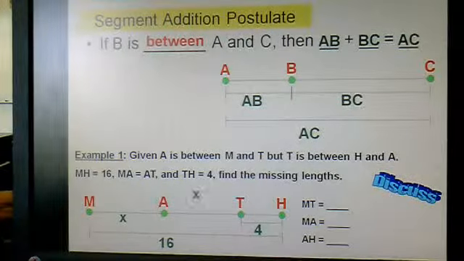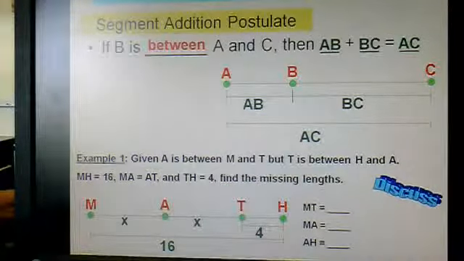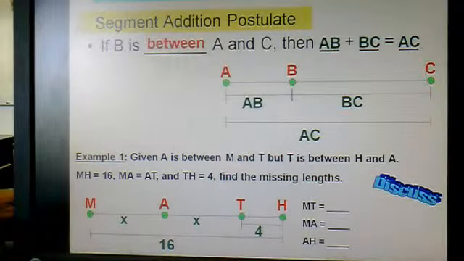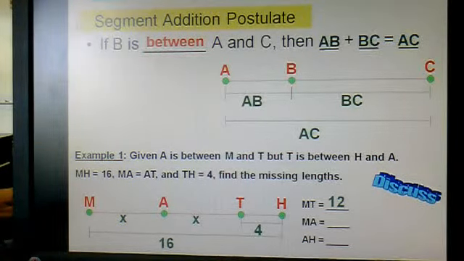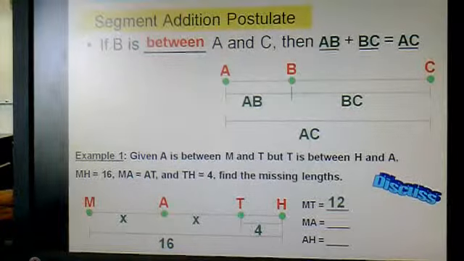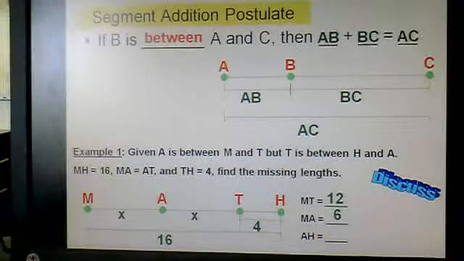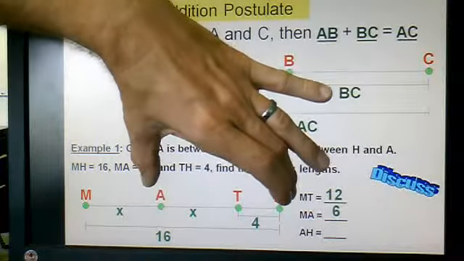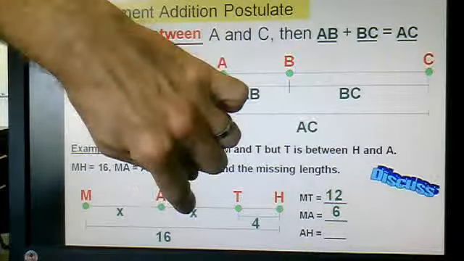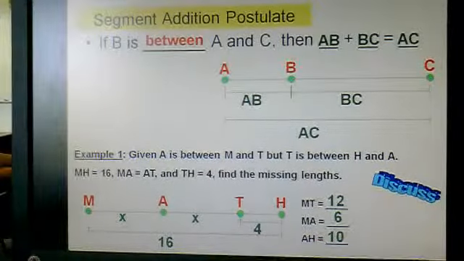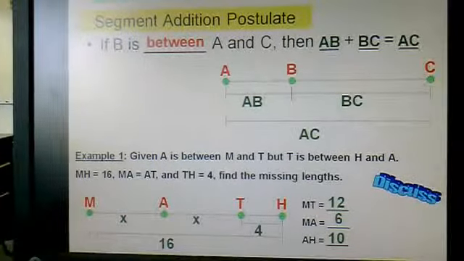From there it's pretty simple. I'm calling them X on there, and both of those values of X are the same, so they're both 6. So MT is 12, MA we just said was 6. And then AH is an overlap. From A all the way to H, you'd have to add the 4 and this 6 to get 10. Hopefully those 3 answers make sense.